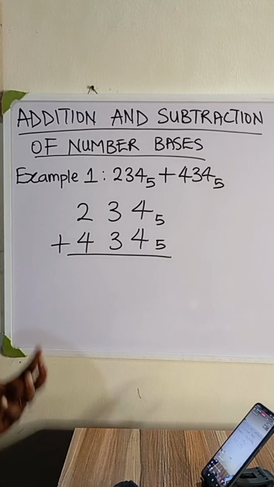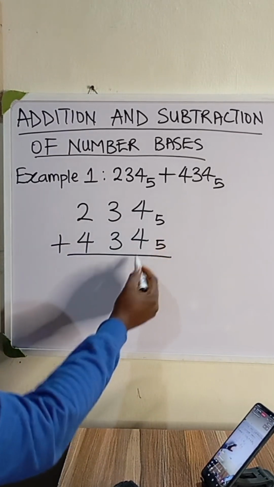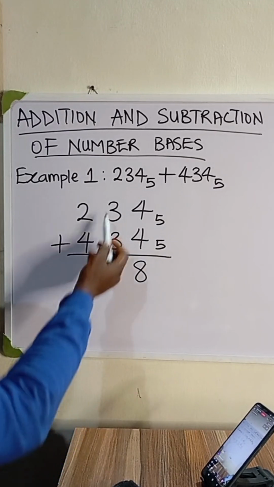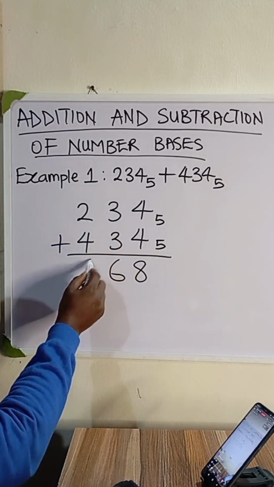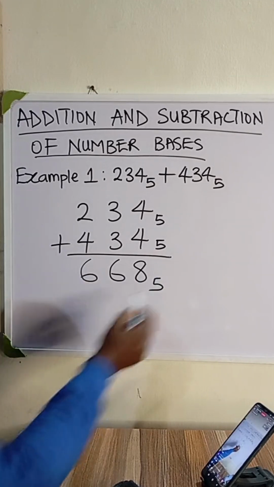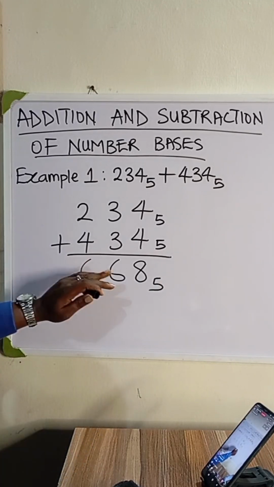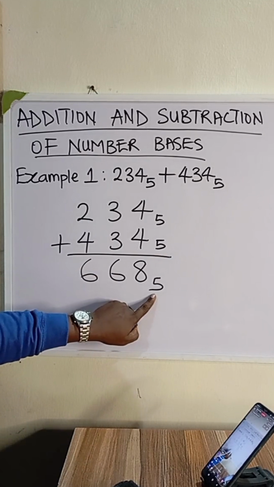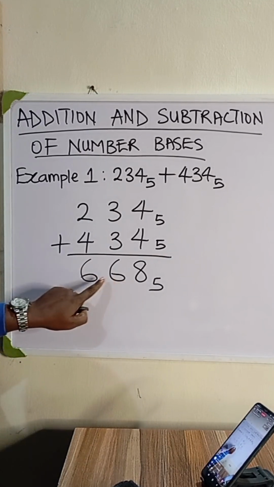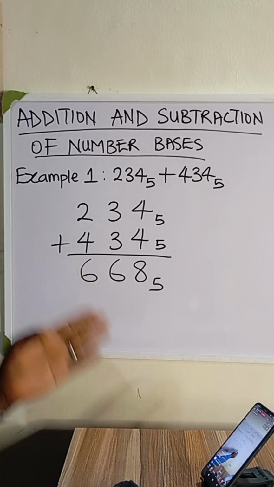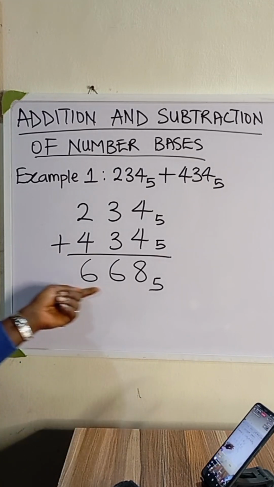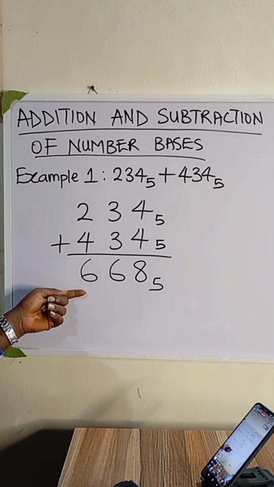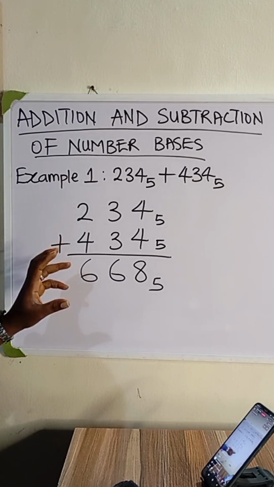So if we go ahead to add it just the way we would have added in base 10, this will be 4 plus 4 gives you 8, 3 plus 3 gives you 6, and 2 plus 4 gives you 6, base 5. This will be wrong. The reason this will be wrong is you cannot have base 5 and have numbers bigger than 5. When you have base 5, all the numbers in base 5 must be less than 5, right? So let's see how we are going to do that.